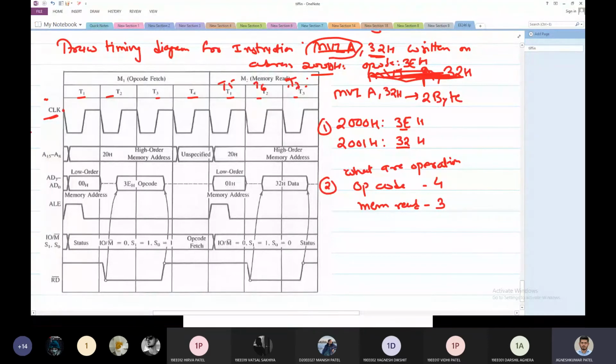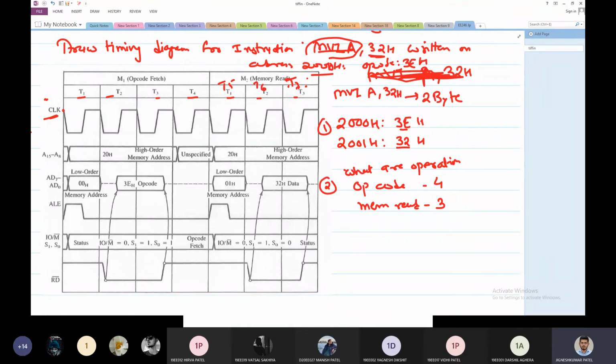So start at the maximum point here, go down in a somewhat tilted line, stay at 0 for some time, then come back high with a slightly tilted line, and then 1. At this point I am completing my 1 cycle. Now the next cycle I will start by going down. Draw such 7 clocks because I know there will be 7 states, so I have to have 7 clocks. These are the 7 clocks that I am drawing first.